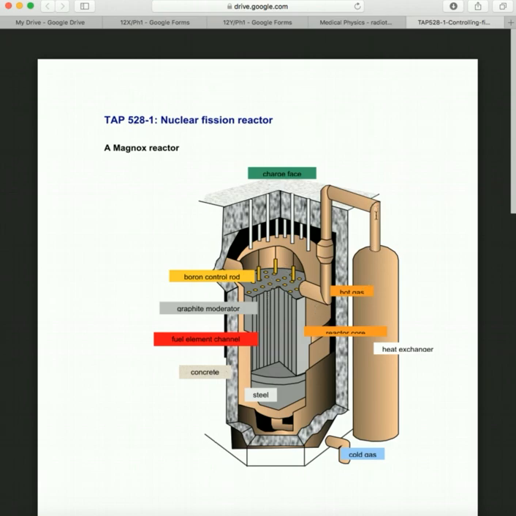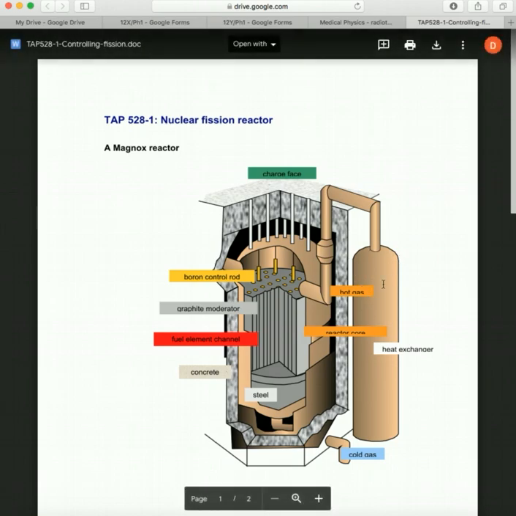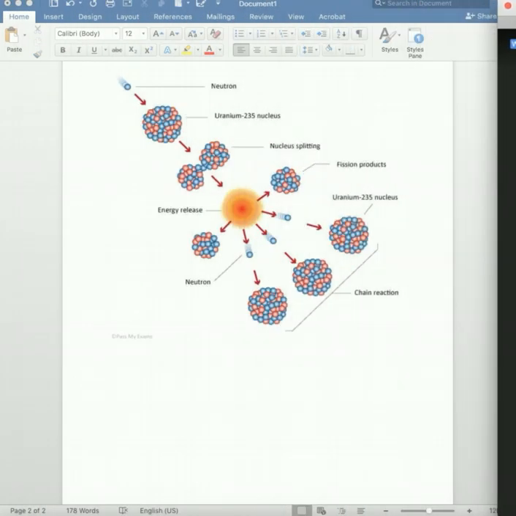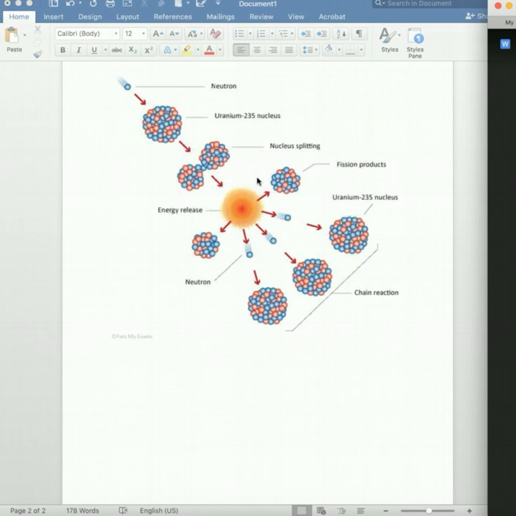So the coolant comes through here, and here we've got water flowing through tubes. The coolant passes over the tubes, and the water in the tubes gets heated, becomes steam, drives turbines out here. More of that when we do electromagnetic induction near the end of year 11. But the process is the nuclear fission releases energy.